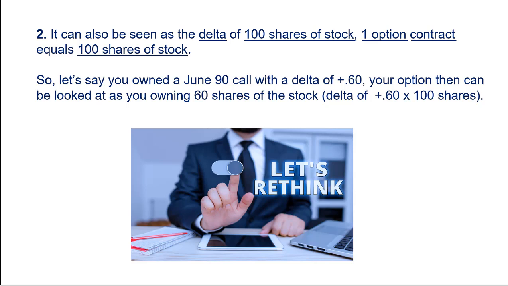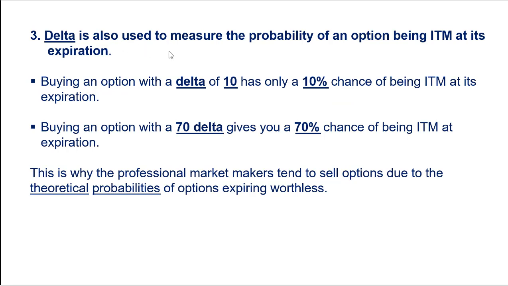Let's take a look at the third way. The third way is to use it to measure the probability of an option being in the money or at the money at its expiration. For example, if you were to buy an option with a delta of 10, the other way to look at that is that the option strike you bought, based on days to expiration, only has a 10% chance or probability of being in the money or at the money at expiration.